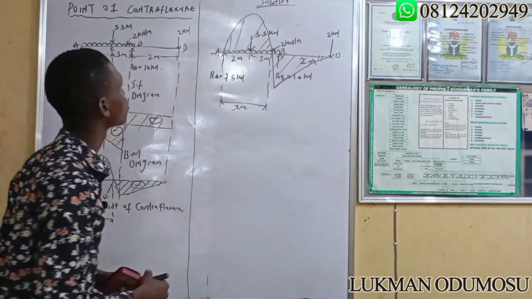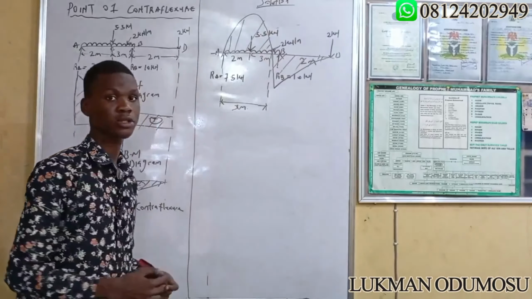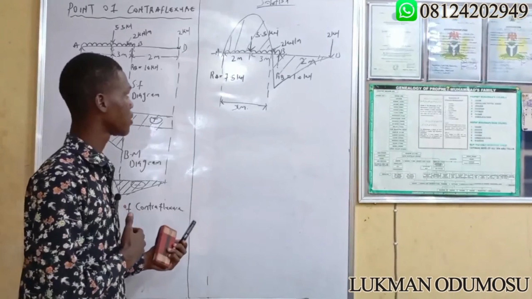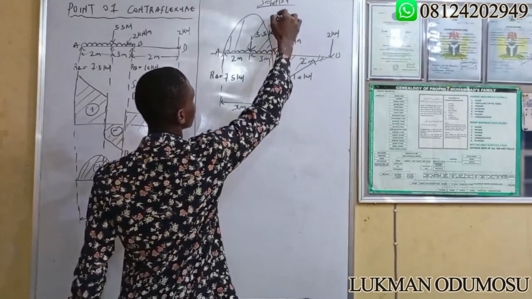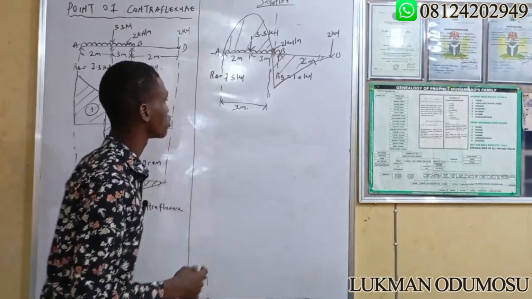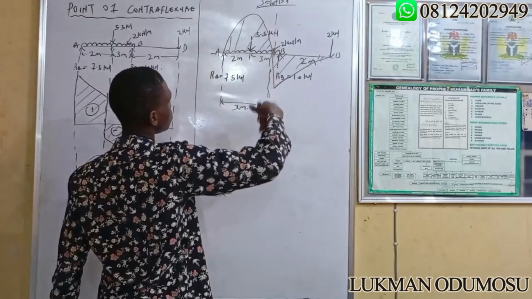So now, to calculate the value of x, the first step is to section the beam at a distance x from the left hand support. Meaning we are sectioning the point where the point of contraflexion occurs.